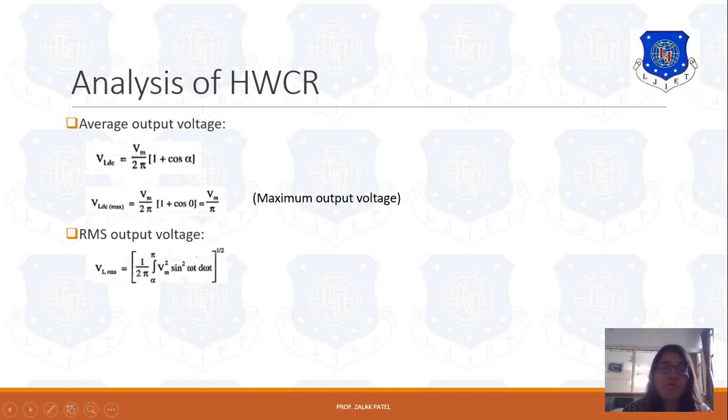The square of the whole value will be taken, and then the square root will be taken for the RMS value. Here for sin square omega t we apply the identity 1 minus cos 2 theta upon 2 for sin square theta, so it will be Vm square into 1 minus cos 2 theta divided by 2. So the whole value will be like this: Vm by 2, 1 upon pi, pi minus alpha plus sin 2 alpha upon 2, raised to 1 by 2. So this is our RMS output voltage.